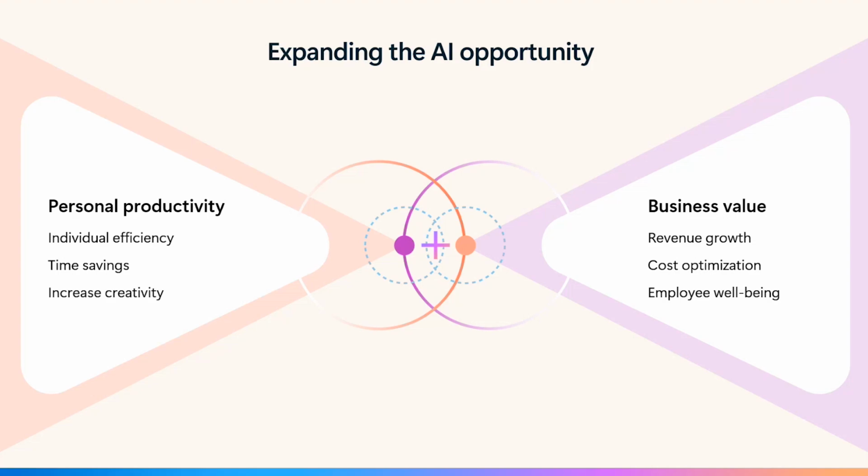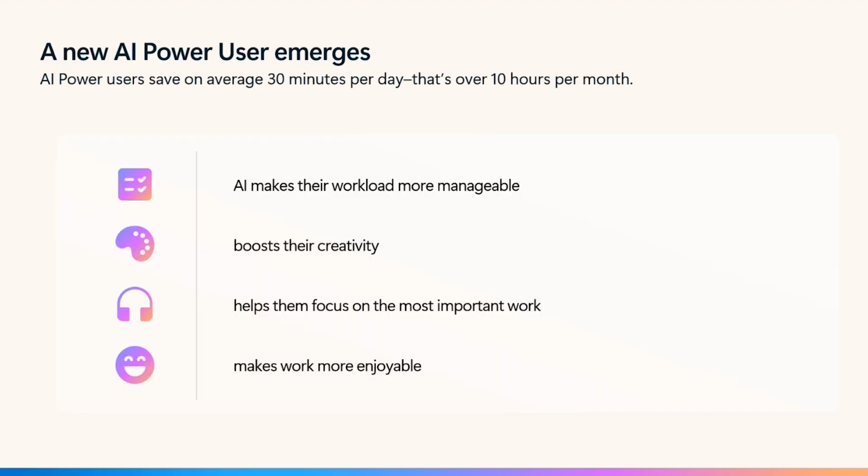In other words, tapping into the full value of AI to increase value, optimize cost, and improve employee well-being. This is what we are trying to do now. And from our research, a new power user persona is emerging.